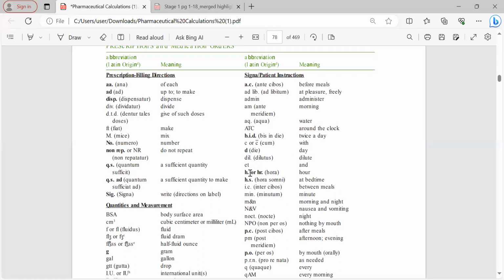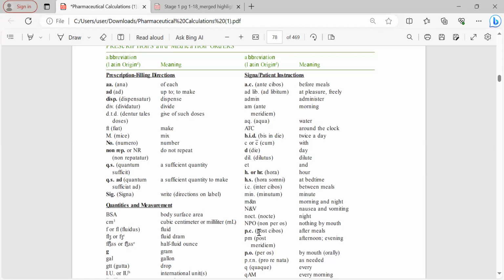H or HR for an hour. Then HS is here, at bedtime. So before meals is AC, between meals is IC, then after meals is PC. So before meals, after meals, and between meals.